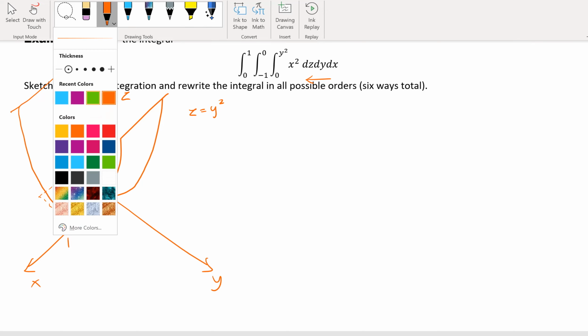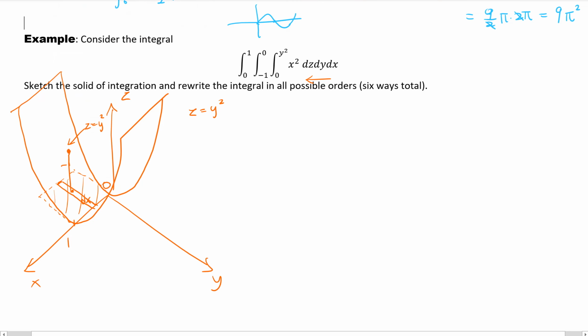Well, the solid is this guy. Can you imagine, everybody? So we want to rewrite this integral in all other possible orders.